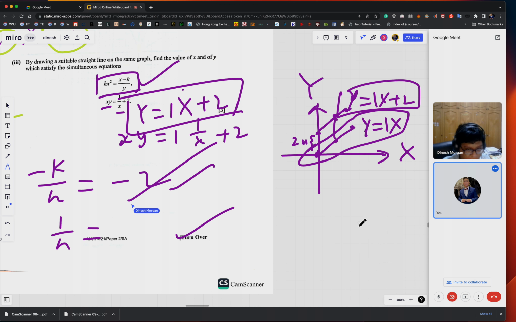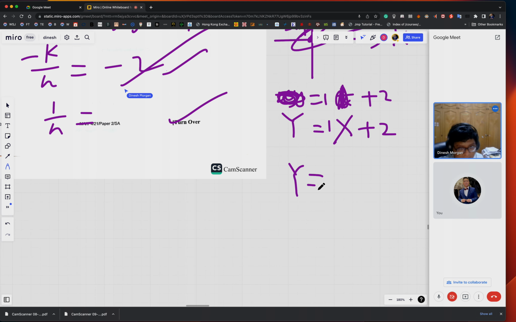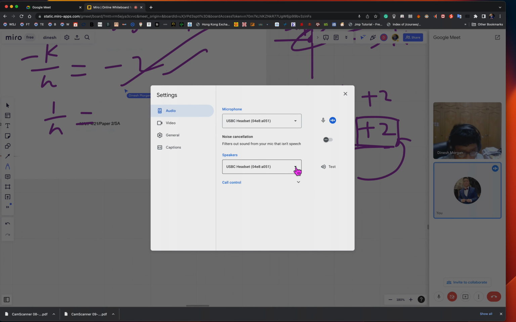You understand? But the graph I have is not the same one. No, the graph you have is xy over 1. This I know. That's why I say you see this as your big Y, you see this as your big X. Make sense? So you draw your big Y and big X out first. Then you just move it up by 2, and then you are actually drawing this already. You understand?